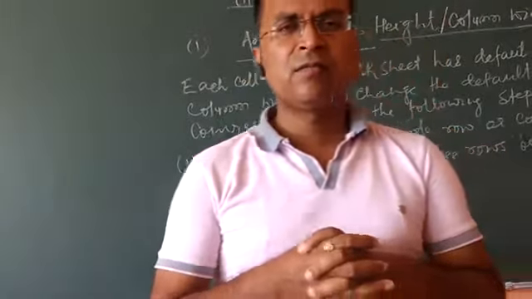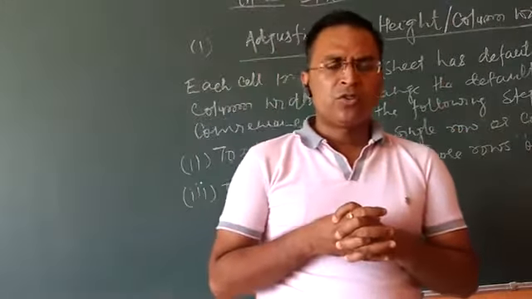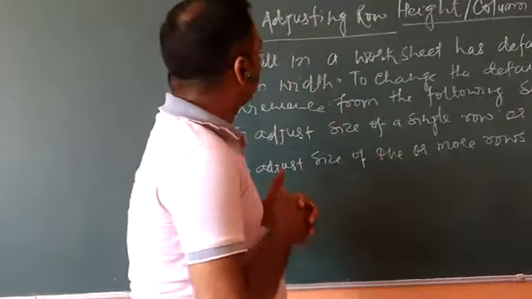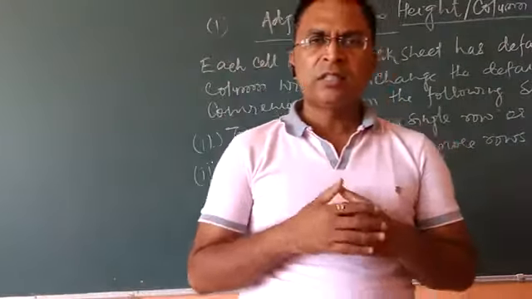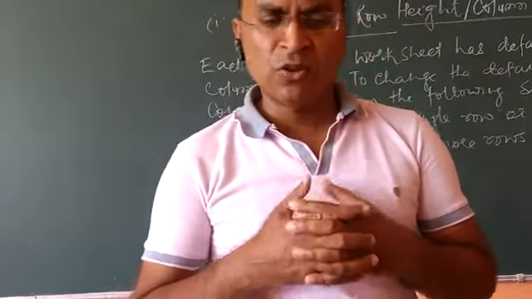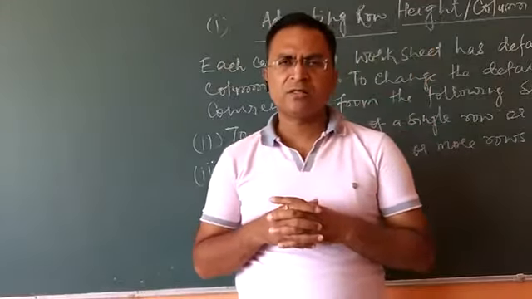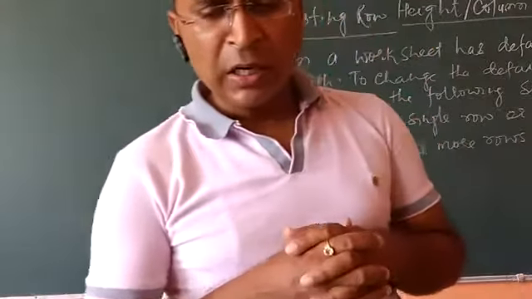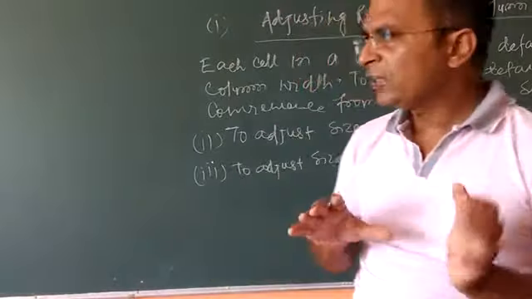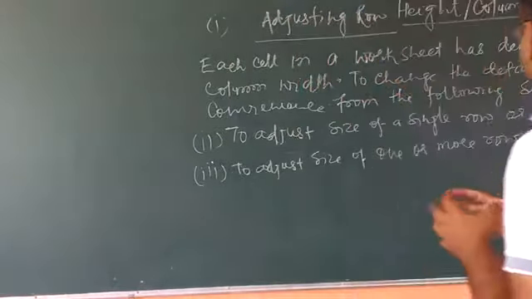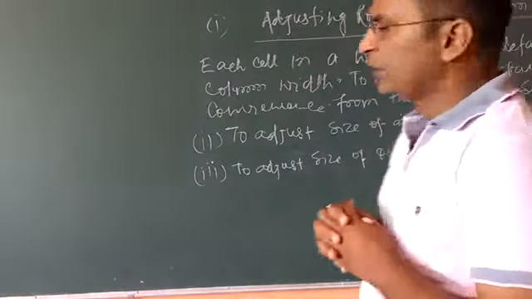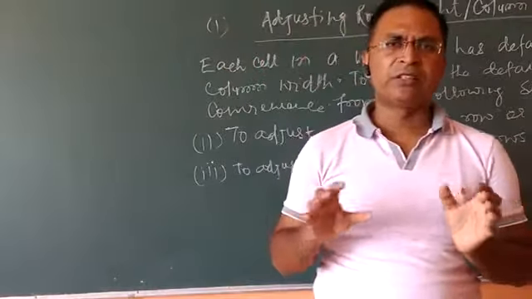To adjust one or more rows or columns, these are the steps we follow. First of all, we select the rows or columns whose size we want to adjust. As all of you know, each cell in a worksheet has a default row height and column width.